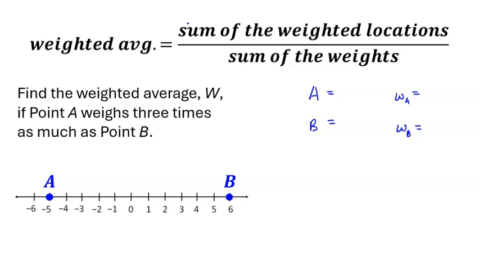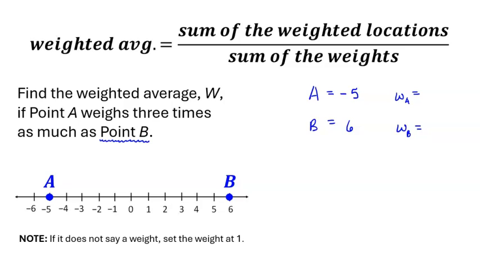And so when we set up our paper side by side like this, it makes it a lot easier to plug into our formula. So A is at -5, B is at 6, so the locations are coming straight from the number line. And then it says point A weighs 3 times as much as point B, but it doesn't say the weight of point B. So I want you to make a little note.